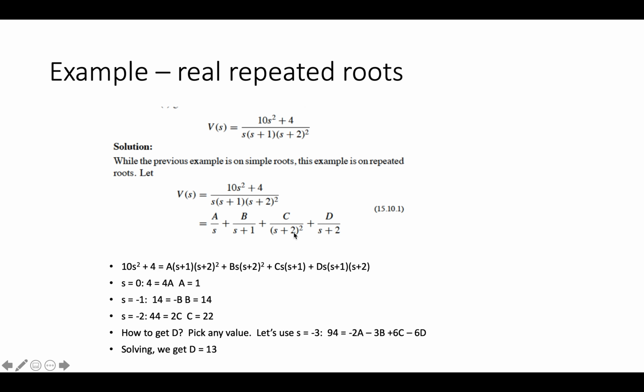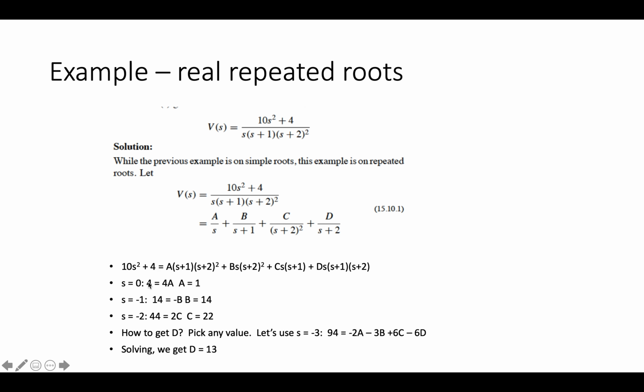You don't know if you had only (s plus 2) squared terms or s plus 2. So it's possible that this could have been constructed out of an expansion that looks like this. So we need to take advantage of that and write all 4 of these terms.